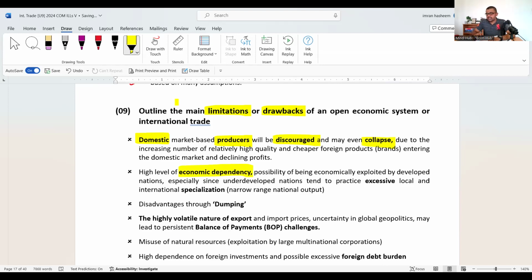Economic dependency can be explained in different ways, but more than anything, if our imports are very inelastic, if we depend on certain essential commodities, energy and things like petroleum products, food items, medicine, machinery, equipment, if we are heavily dependent on imports and inelastic with those, that puts our economy at major risk, sometimes with small changes in the world market price of these goods.